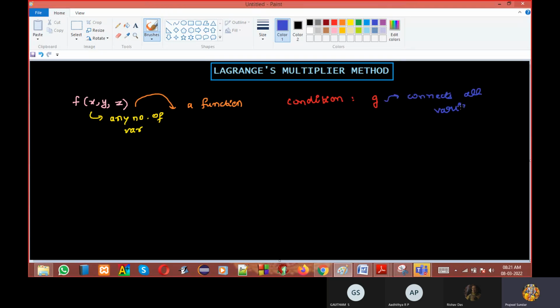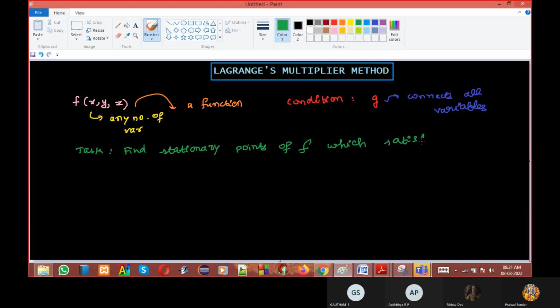Some condition they're giving. Now your task is to find the stationary points of f which satisfy G.